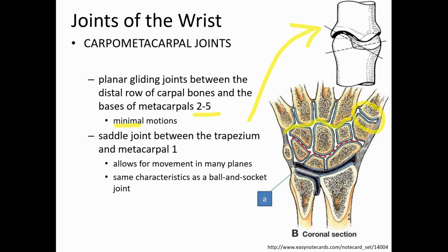So you know that meaty part at the base of your thumb? That is a specialized joint, a saddle joint. So you have way more motion available there. As you know, your thumb can move way more at that joint than your fingers can, right? And it's very similar to a ball and socket. It has the same characteristics, but it's a saddle joint. But it just means it can move in a lot of planes. Lets us do a lot of things.